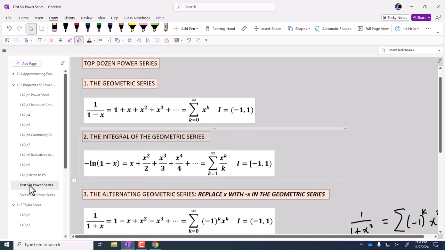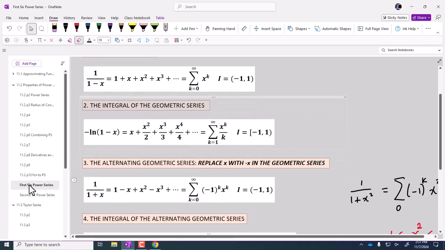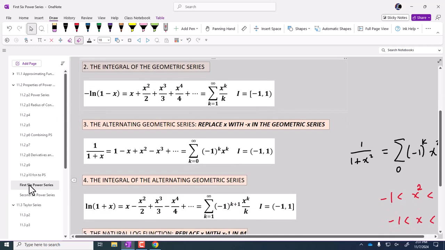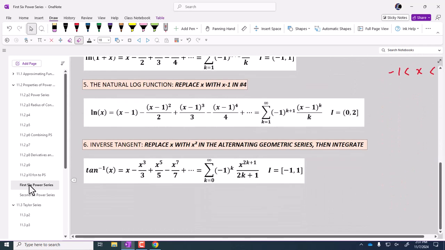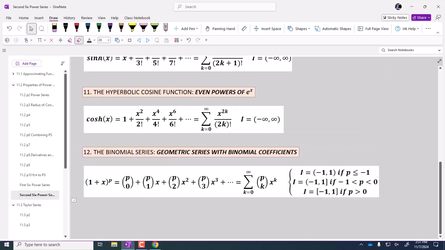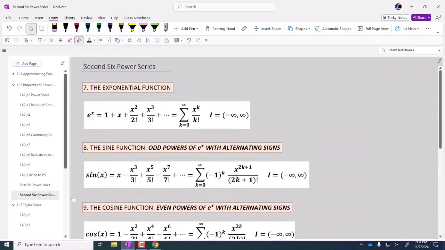We have the first 6 that are all based on the geometric series. So all these ones on this page stem from that. So your two kind of root power series are geometric series, which leads to the alternating geometric and all these other things. And it leads to the arctan. And then on the second page, these ones are almost all, except for the binomial series, based on e. So e and geometric series are kind of the two scaled down series that you can build bigger series from.